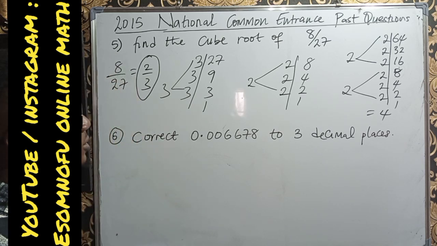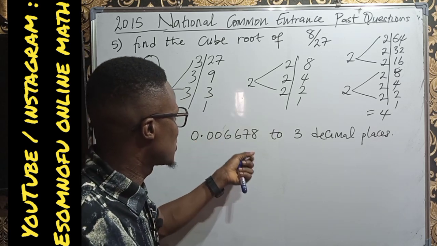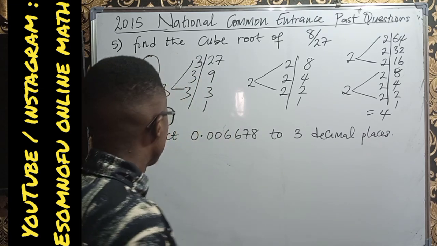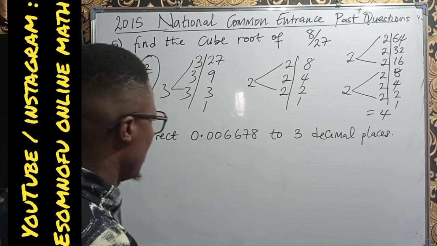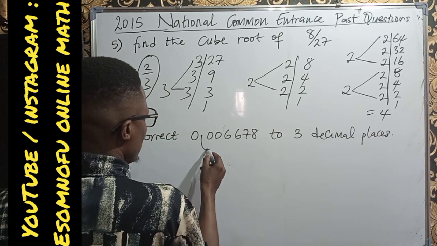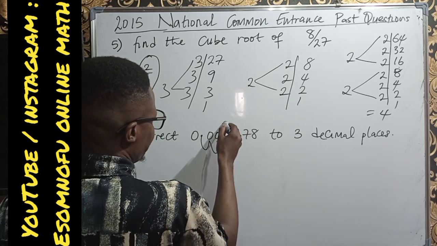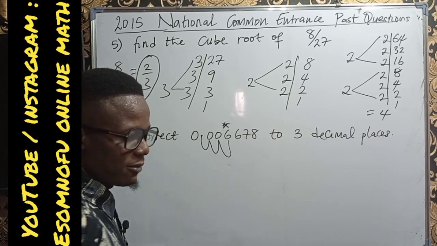For the sixth question, we are asked to correct 0.006678 to 3 decimal places. To correct this number to 3 decimal places, it means after the decimal point, count 3. So look at the decimal point, we count 1, 2, and 3. This is our target here. But the number after our target is up to 5.